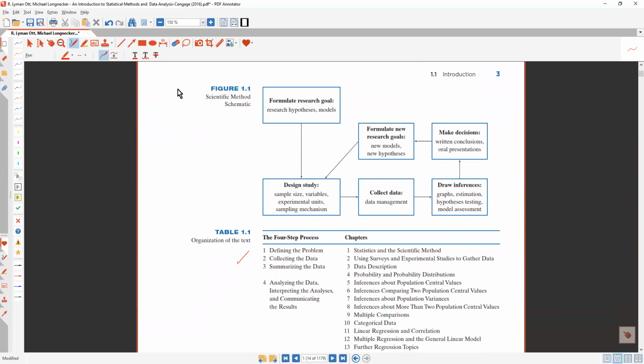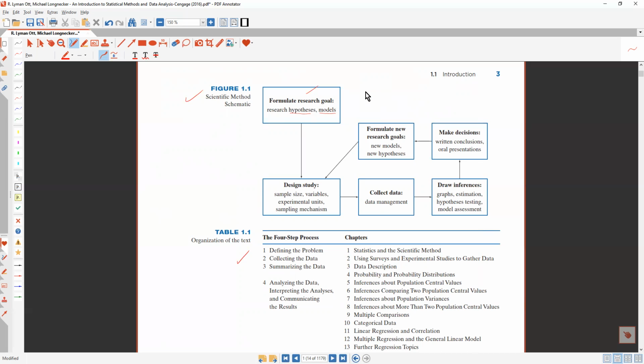Well, here's a schematic of the scientific method. So oftentimes in the scientific method, we do things like formulate research goals, right? We all have hypotheses, and these are sometimes referred to generally as models.